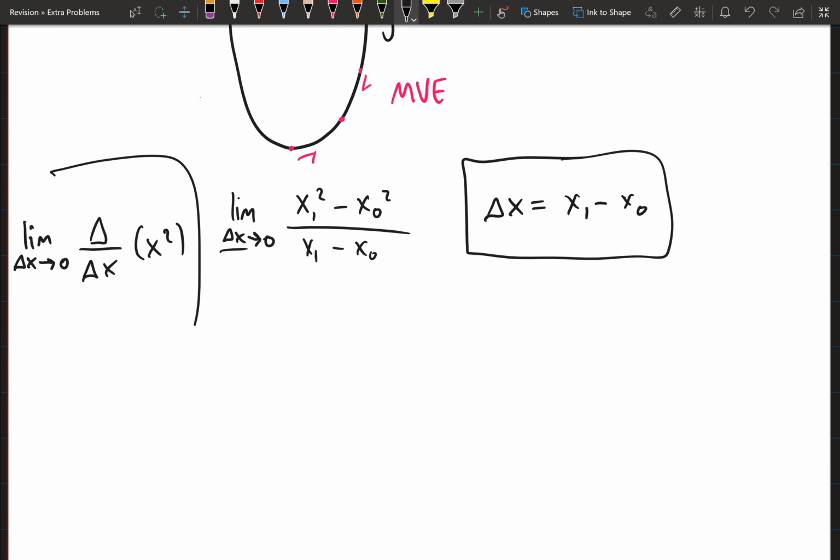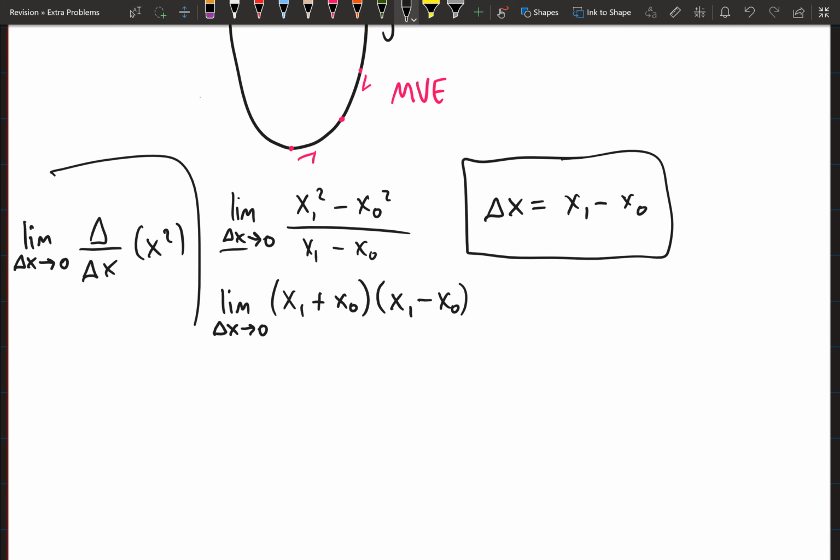And we can use some basic algebra to simplify this expression to the limit as delta x tends to 0 of, sorry, x1 plus x0 multiplied by x1 minus x0.